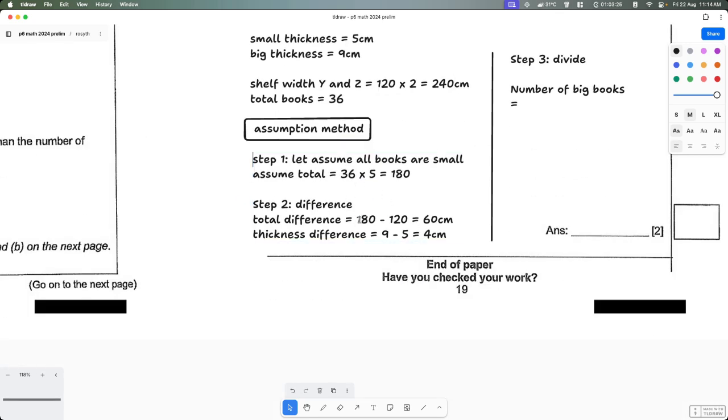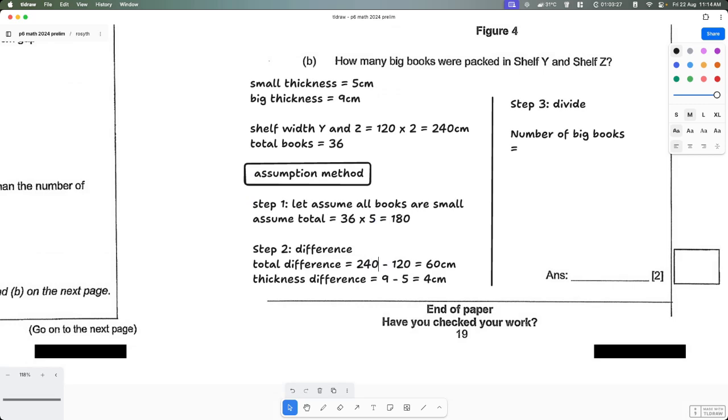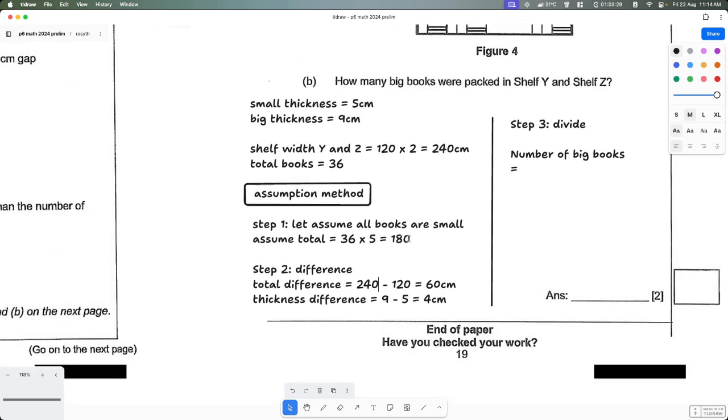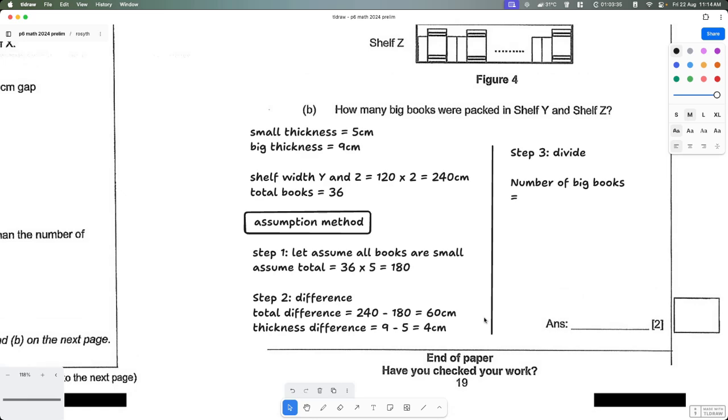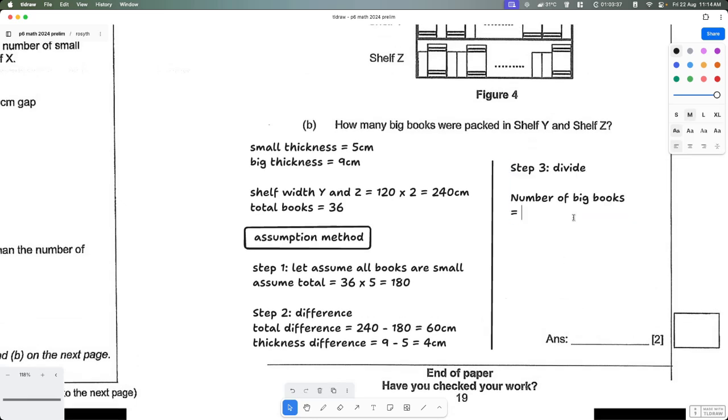So the total difference is not 60, it's 240 minus 180. This will still give us 60. Interestingly, so it doesn't matter. So 60 divided by 4 will give us 15 big books. There you go.